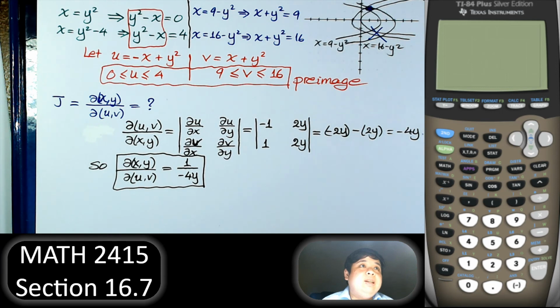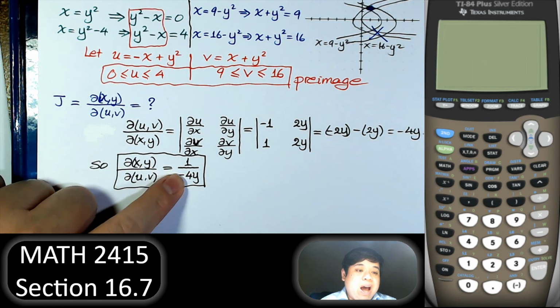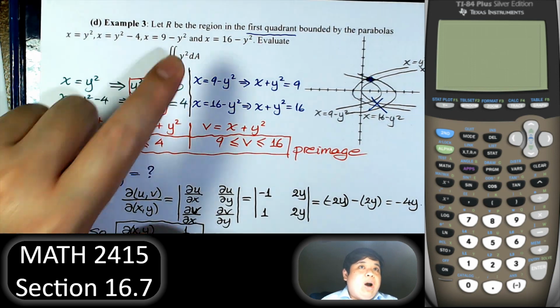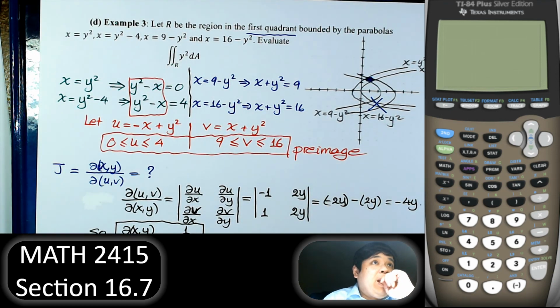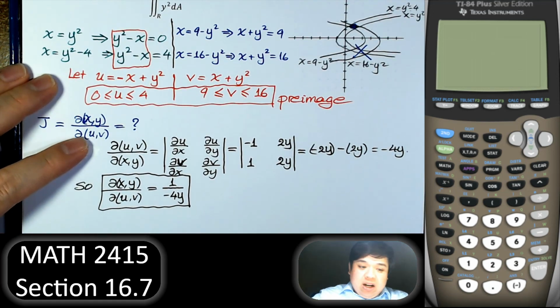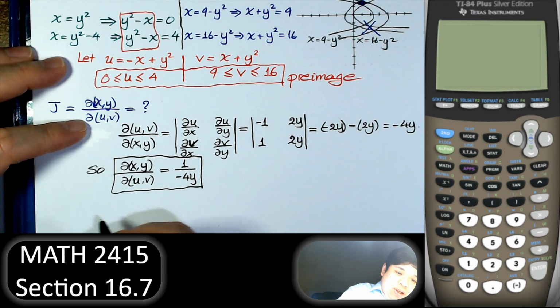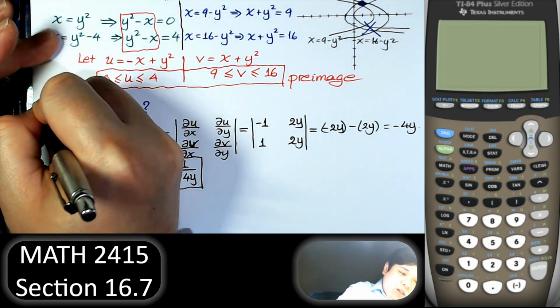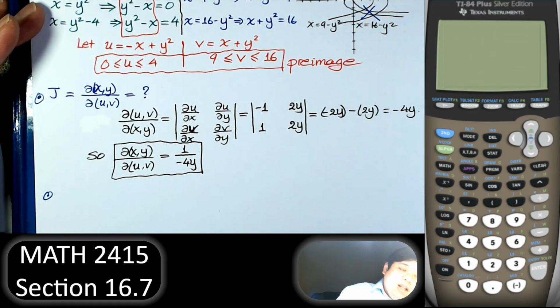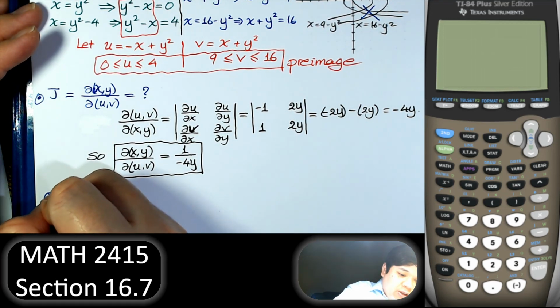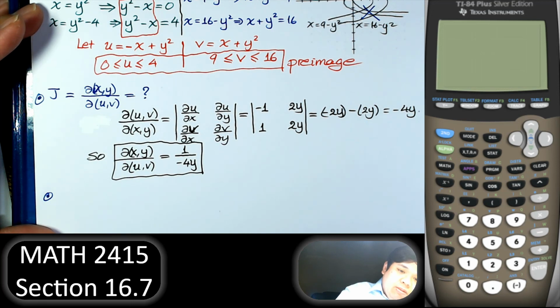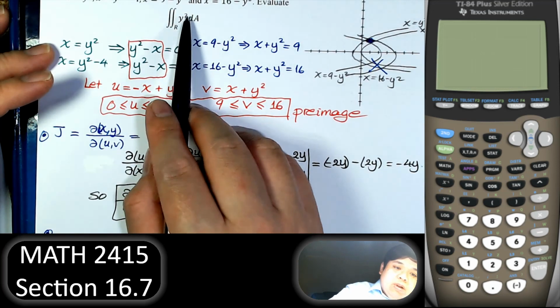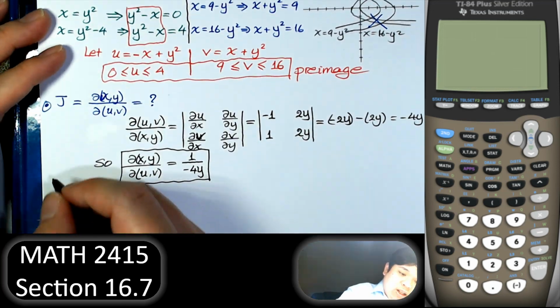Alright, now we pretty much have everything. We know the limits, we know that, except what is y squared? If we can solve for x and y in terms of u and v, that would be nice. But let's just take a look at this. So we certainly need to do this, and then we will need to find the function in terms of u and v.